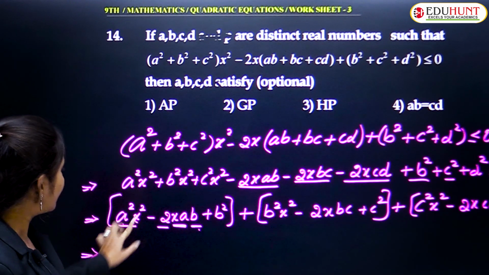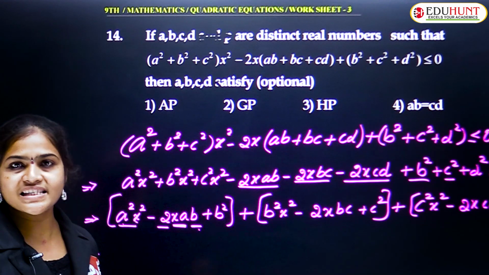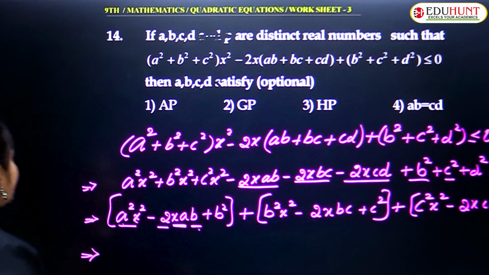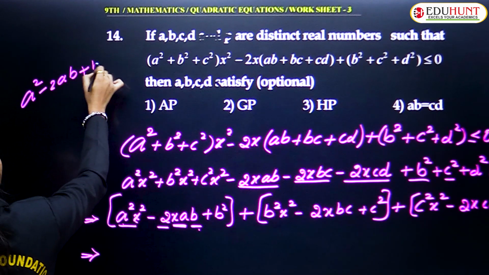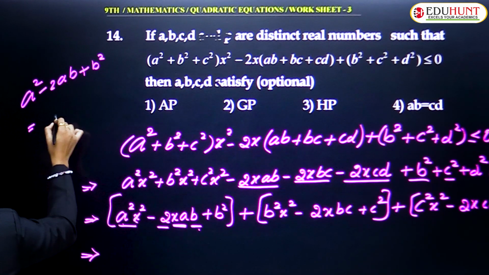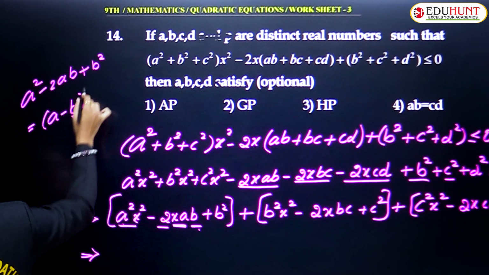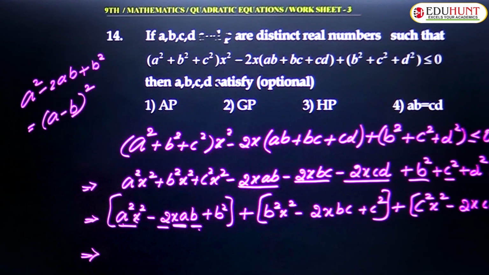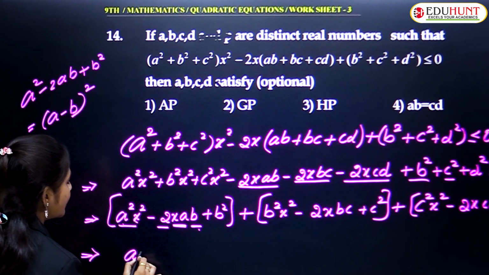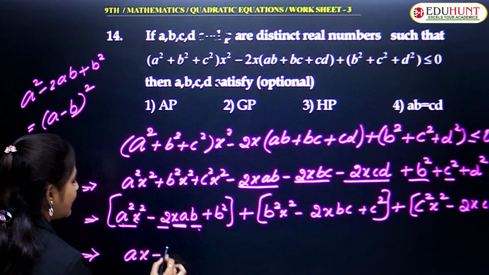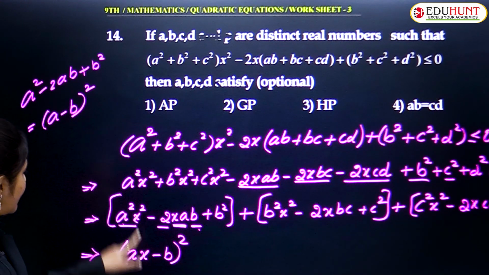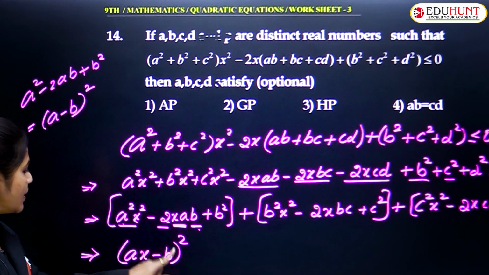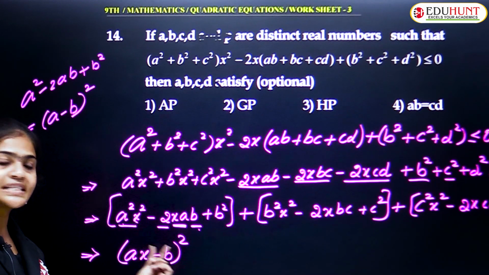So the A square minus 2AB plus B square form is there, which equals A minus B whole square. That is the formula. So we write this as (AX minus B) whole square, that is A square X square plus B square minus 2AXB.